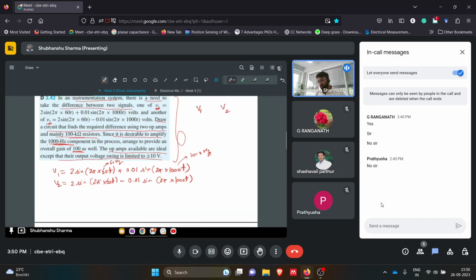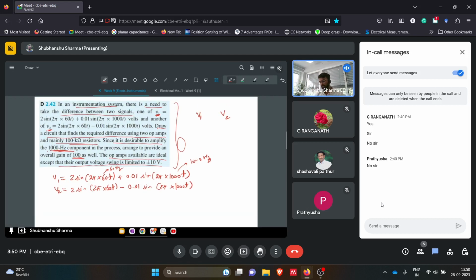Now the interesting thing to know is why they need to get rid of this. If you see, not in India but in other countries, there are 60 hertz power lines going through, and because of that there can be interference which is being mixed with the actual signal which we really wanted to measure. So this was the actual signal of 1000 hertz which we wanted, maybe some biomedical signal, we don't know.